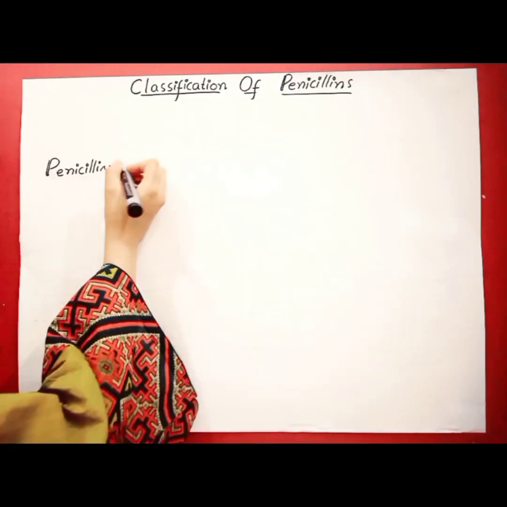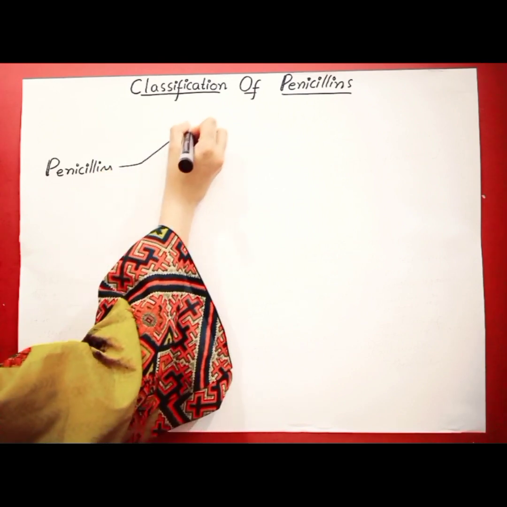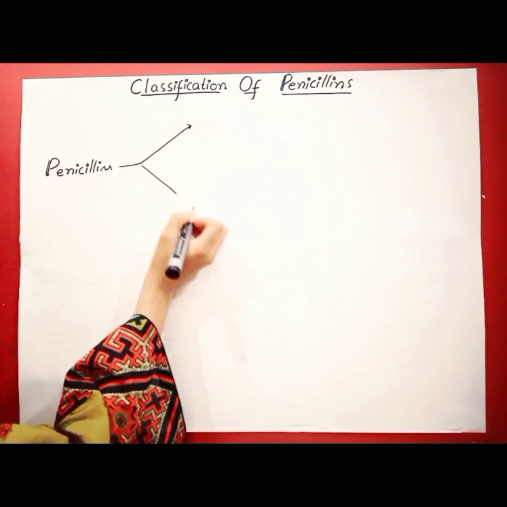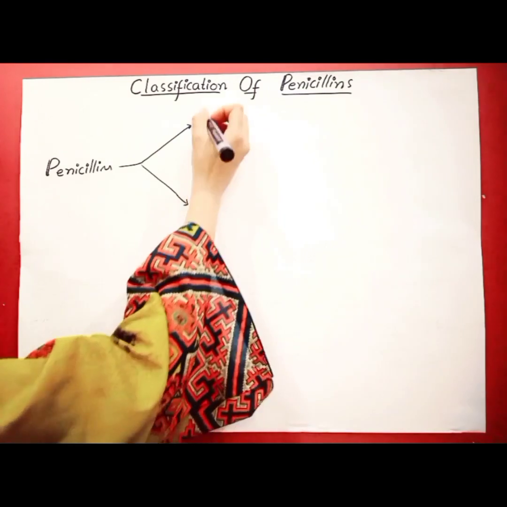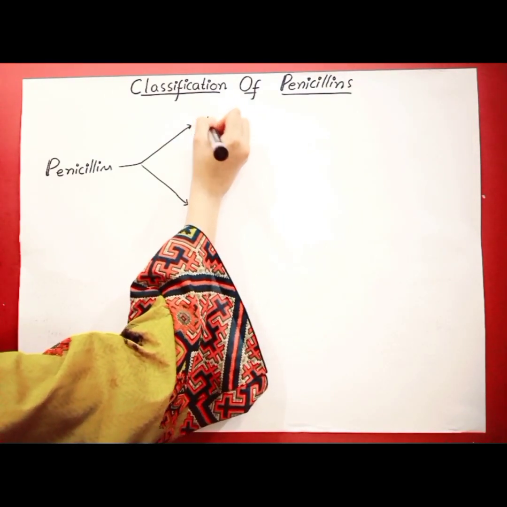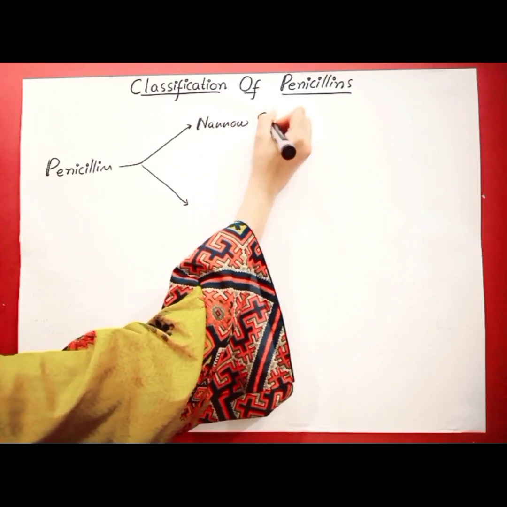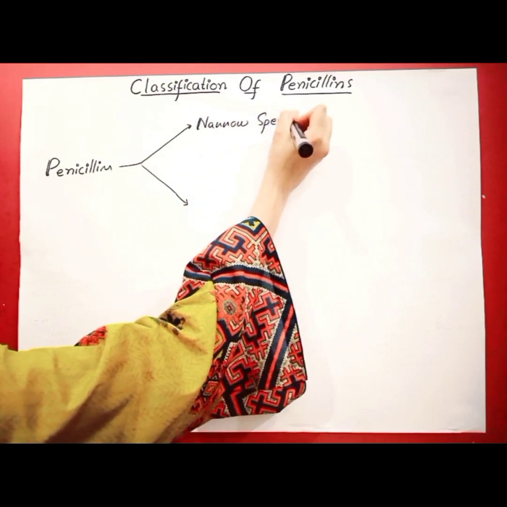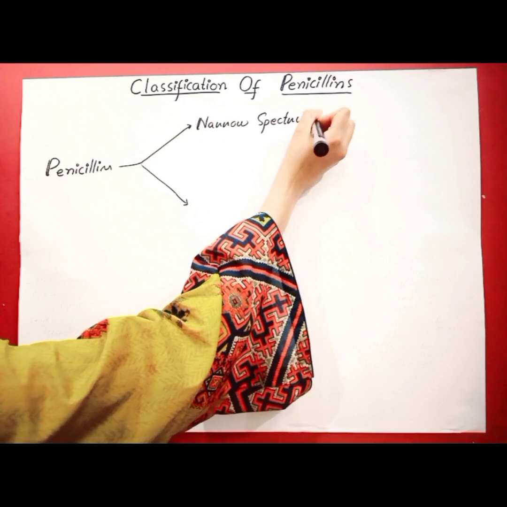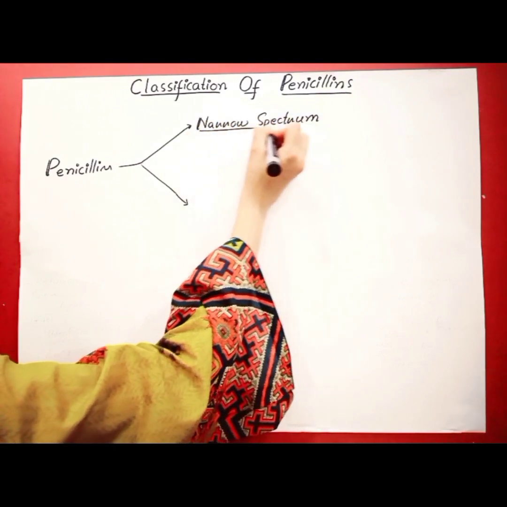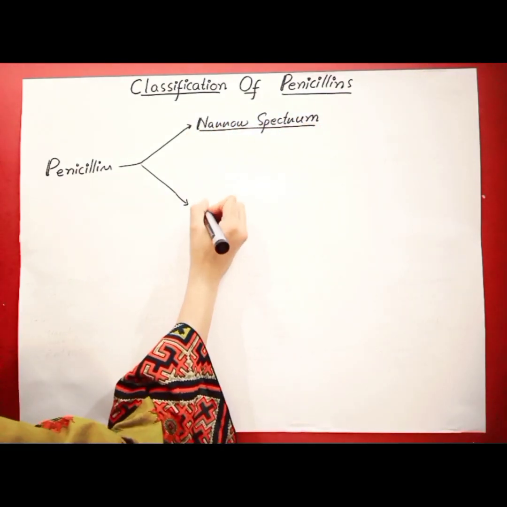So penicillin can be classified into two types: narrow spectrum penicillins and broad spectrum penicillins.